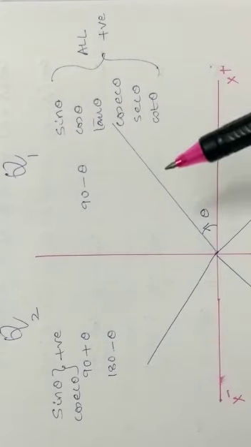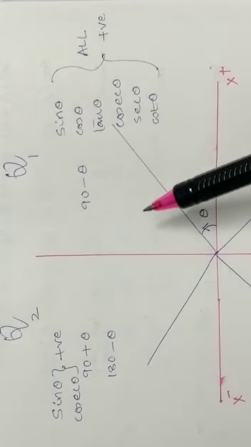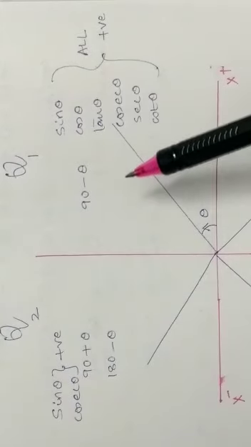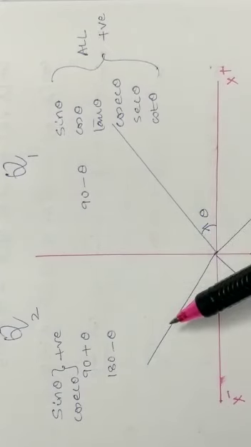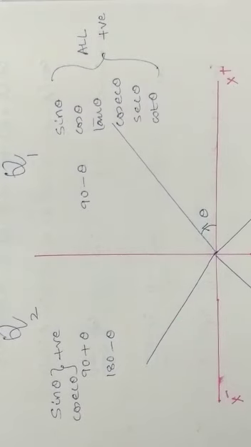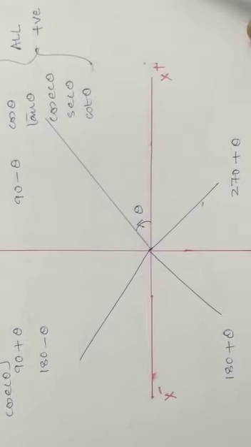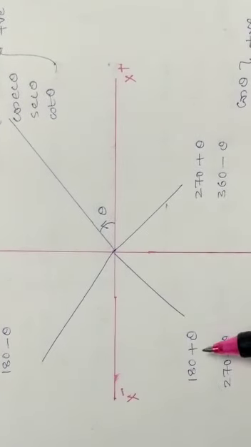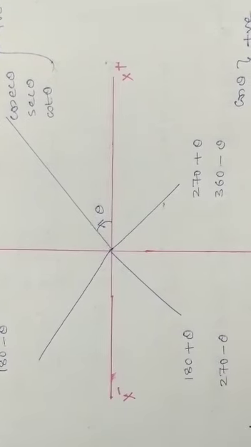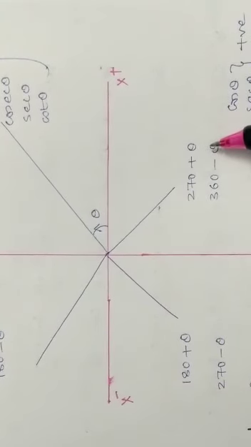If you observe, an angle in the first quadrant is in between 0 to 90. 0 to 90 degrees comes in the first quadrant. If it is more than 90 and less than 180, it comes in the second quadrant. If the rotation still continues, the angle is more than 180 and less than 270. In the fourth quadrant, the angle is more than 270 and less than 360.